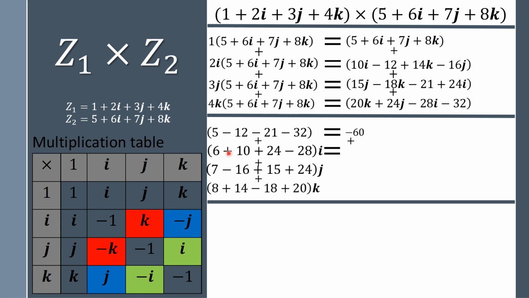So here we have 6 plus 10 plus 24 minus 28. That's going to equal 12i. Here we have 7 minus 16 plus 15 plus 24, and that's going to give us 30j.